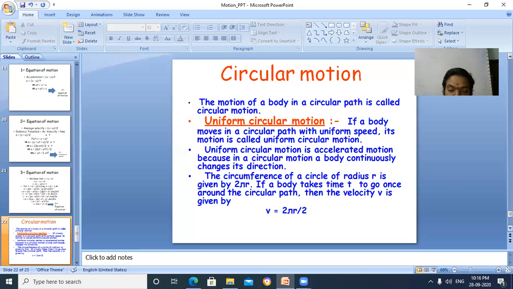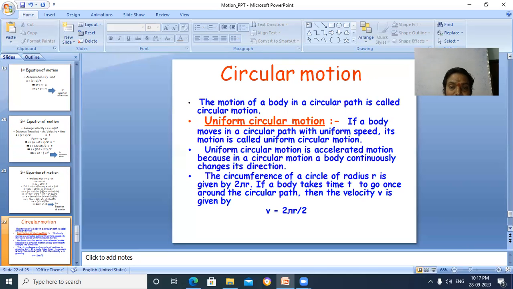As I just told you, at each and every point of time the direction is changed, in the tangential direction. Because the direction is changed, the velocity changes, and therefore we can say it is accelerated motion.